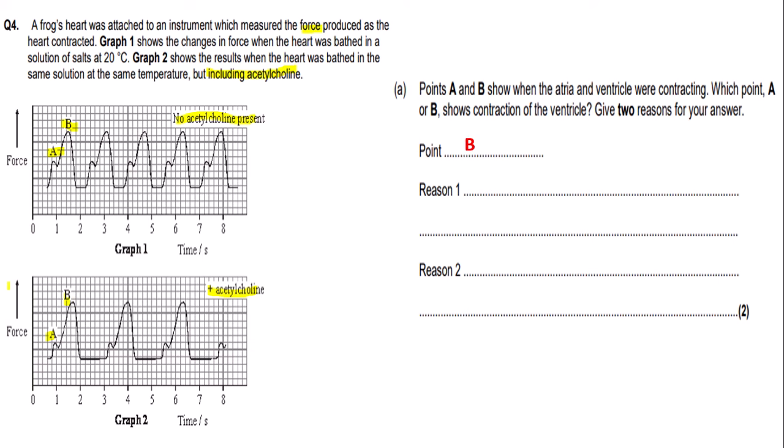Reason 1 could be that B is the second contraction that occurs, as atrial contraction occurs before ventricular contraction. So A is the first contraction that occurs, as you can see. The second reason is that the force is larger, which shows ventricular contraction, as ventricular contraction requires more force.